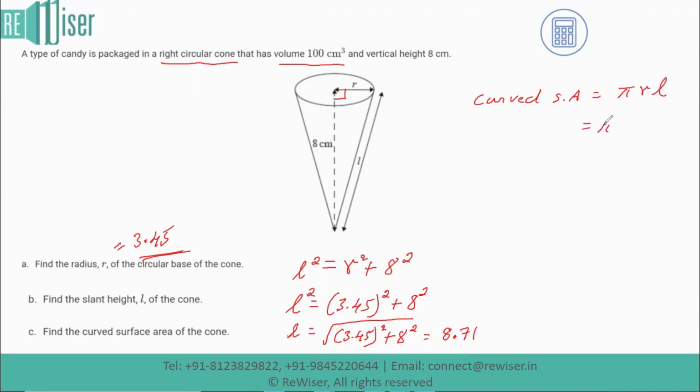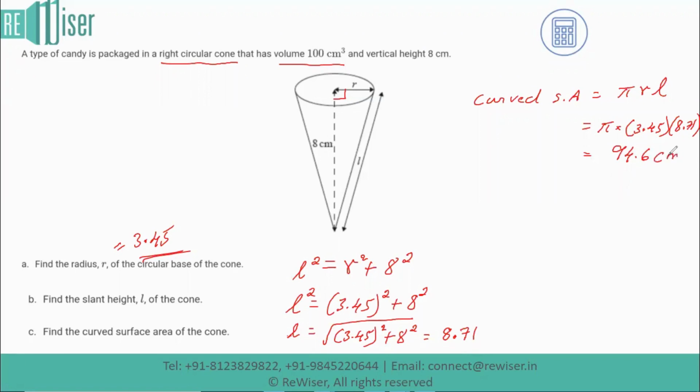So this is π times the radius, which we got as 3.45, and the slant height, which we got as 8.71. When you simplify this, you get approximately 94.6.